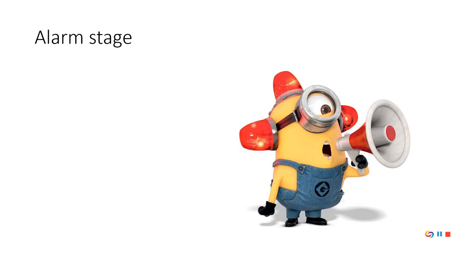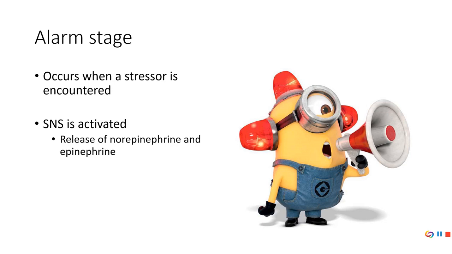With the alarm stage, this is what happens when a stressor is encountered. Now, there are all sorts of things that can cause stress. Exercise can cause stress. Seeing a person that you're trying to avoid can cause stress. Thinking about an exam can cause stress. When this happens, your sympathetic nervous system is activated. This causes epinephrine and norepinephrine to be released.